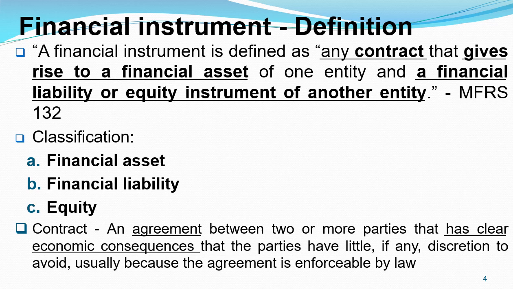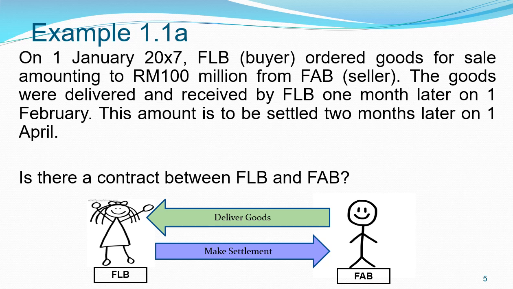So when you have the existence of a contract, then you check whether this contract gives rise to a financial asset of one entity and a financial liability or equity instrument of another entity. Let us look at example 1.1a.